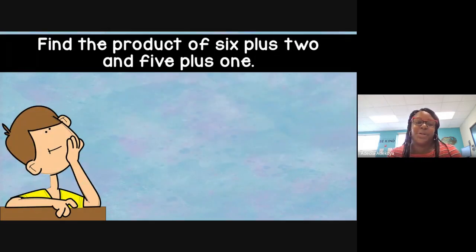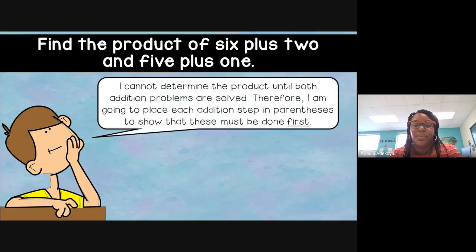And then here's another one. Find the product of 6 plus 2 and 5 plus 1. So it's asking me for the product of 6 plus 2. The product is the answer to a multiplication problem. I cannot determine the product until both addition problems are solved.